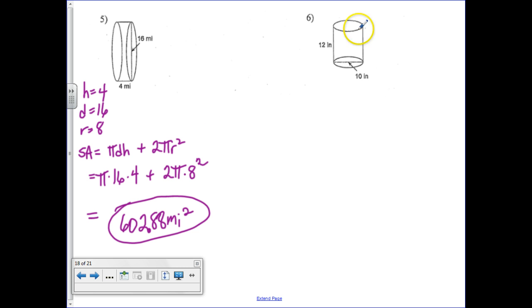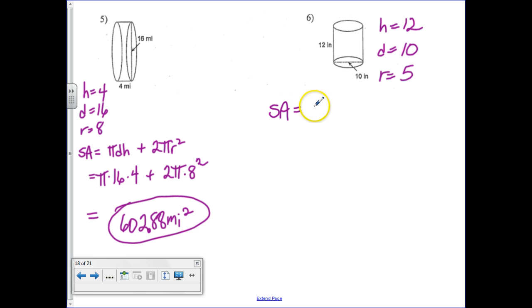Huge. Number 6. This is the last one that you have to do here with me. My height is 12. The diameter is 10, which makes my radius 5.